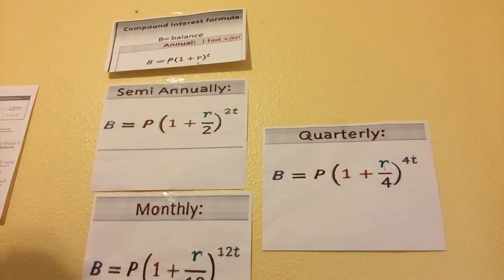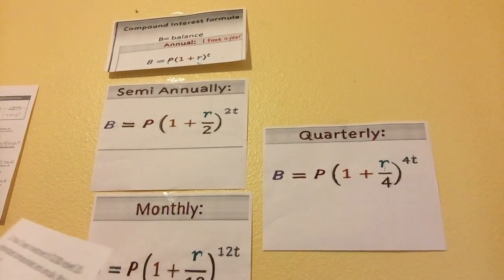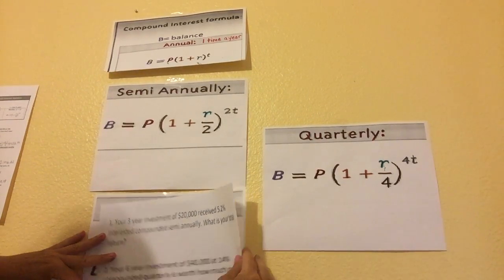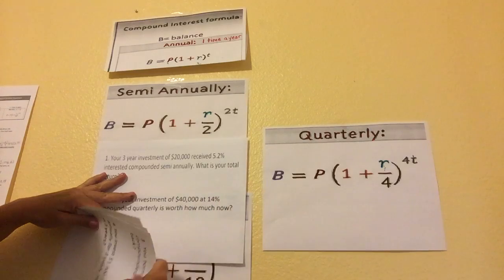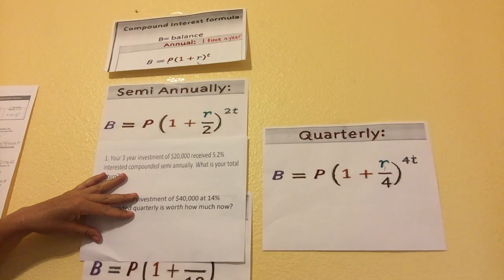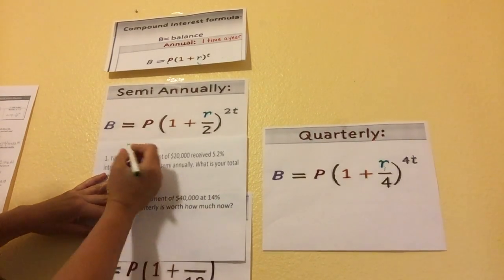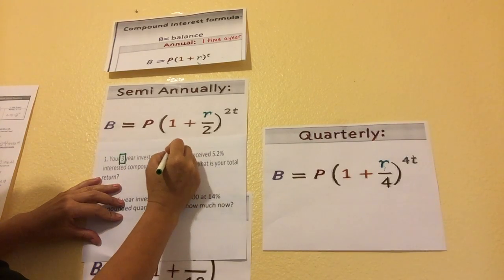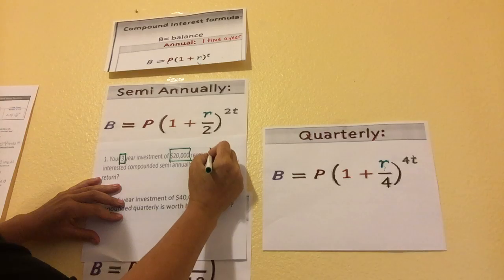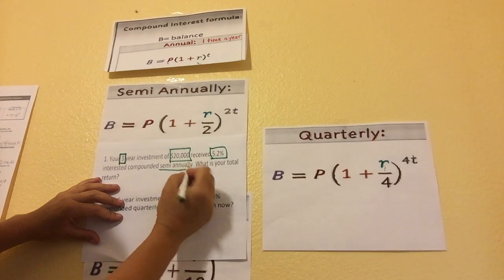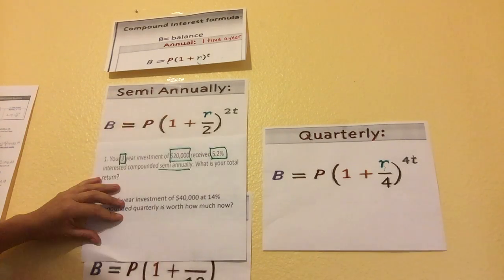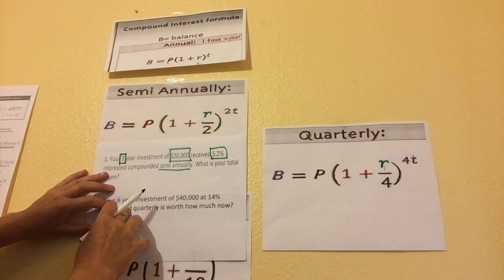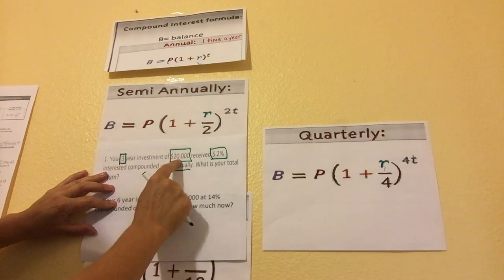So if we look at our question here, you could put this down here, okay? So I have your 3-year investment. So we have to notice the 3, the 20,000, and then the 5.2, and then what also is important is it's semi-annual. So I know we're going to use this, okay? So the first thing I'm going to do is find P, which is 20,000.